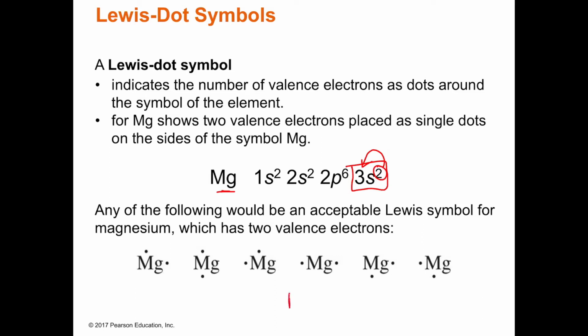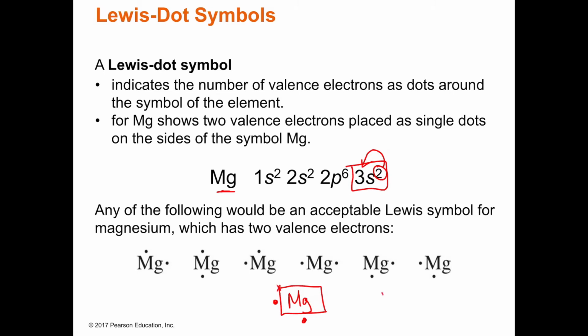Okay, and so these are all the different ways you could show that magnesium has 2 valence electrons. The important thing here is to think about our element symbol as being in a box. You can put electrons on the sides of the box, but you can't put them on the corners of the box. You can only put them on the sides of the box, and you can't put these electrons together because the electrons aren't paired. These are unpaired electrons, which makes a really big difference in chemistry.